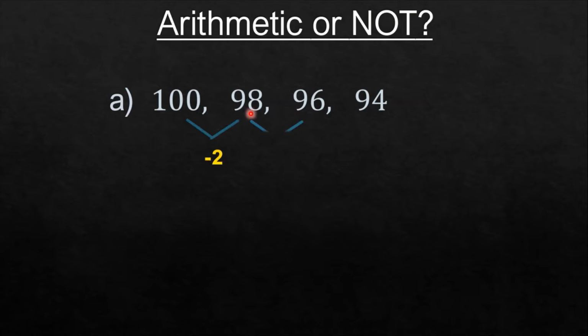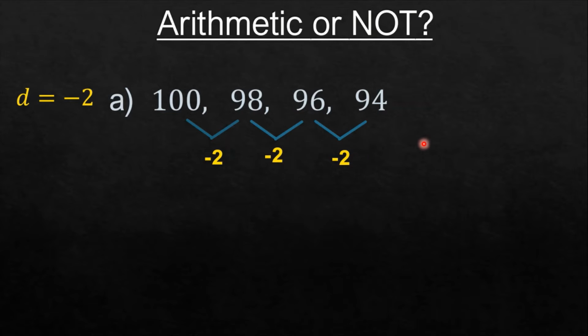If we subtract 98 minus 100, we have negative 2. 96 minus 98 equals negative 2. 94 minus 96 equals negative 2. So, pare-pareho ang difference ng mga terms. In this case, this is an example of an arithmetic sequence. The common difference is negative 2.